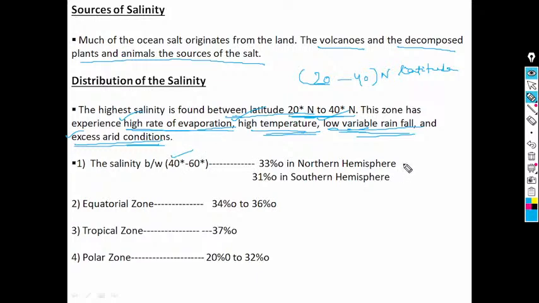is 33 percent in the northern hemisphere and 31 percent in the southern hemisphere. This study shows the highest salinity is between 20 degree north and 40 degree north, and the diagram will make it more clear.